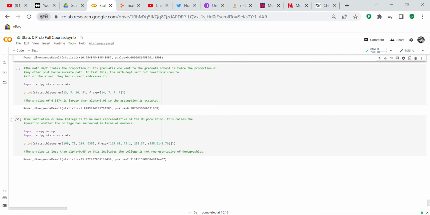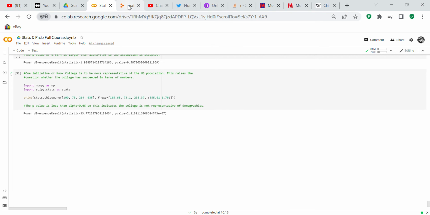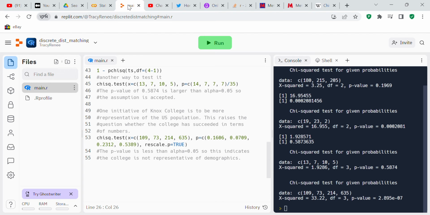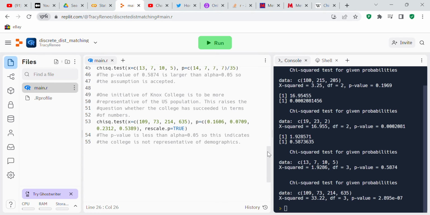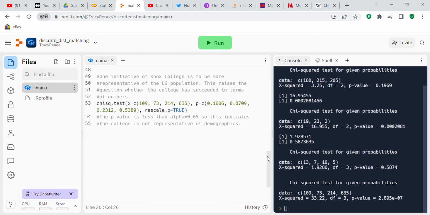So the next one, the last question, is a little bit more difficult to work with, but I'll go ahead and go over it with you anyway. One initiative of Knox College is to be more representative of the U.S. population. This raises the question whether the college has succeeded in terms of numbers.